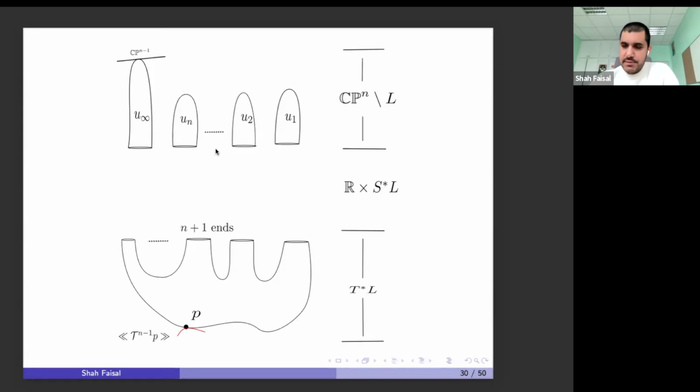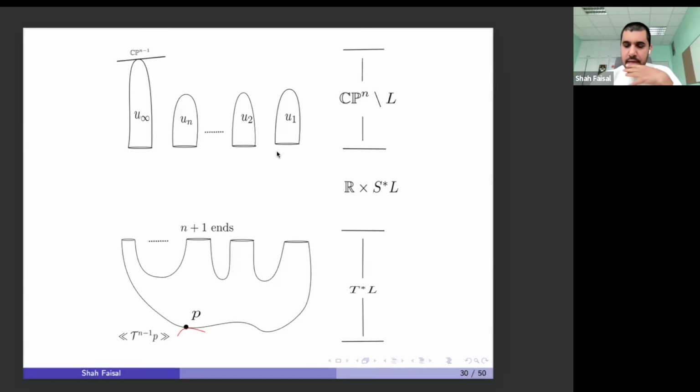So by positivity of intersection, exactly one component in the top level can intersect the hypersurface at infinity, and I denote it by U infinity. And the other component must lie in the complement, which is the unit ball.